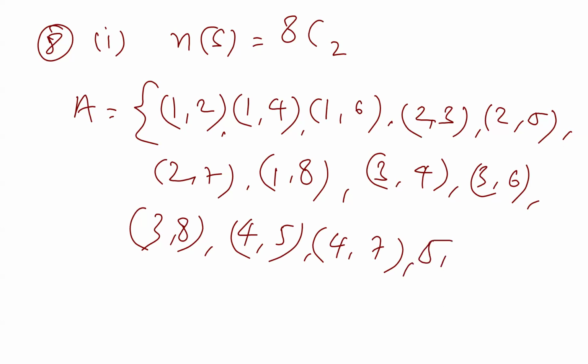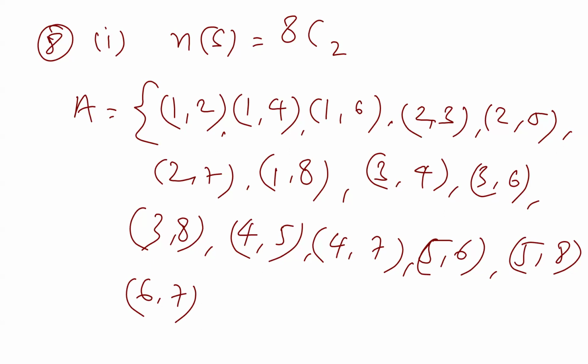5 2, is 5 2 done? Yes, 5 2 is already done. 5 4, yes, 5 4 is also already done. 5 6 is not done, so we'll consider that. 5 6, the total is 11. And remember, for this problem, 5 6 and 6 5 is one and the same thing because the two cards are drawn together. Okay, then 5 8, right? 6 7. Okay, 6 1, 6 3, 6 5 already done.